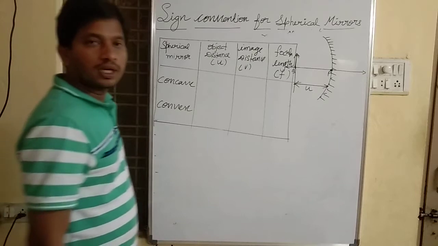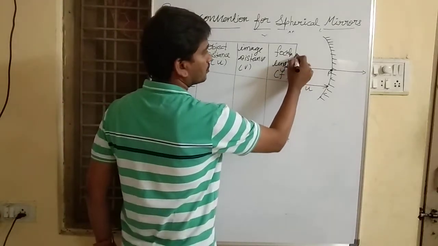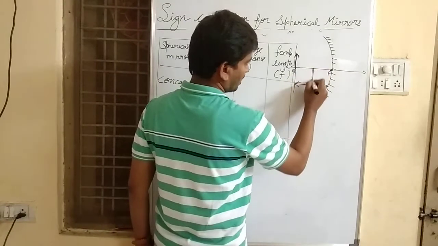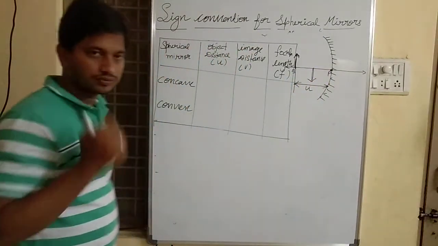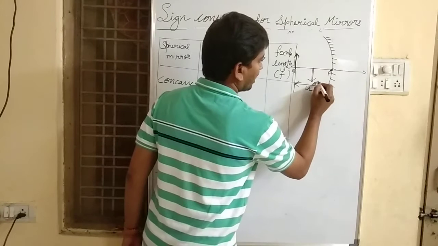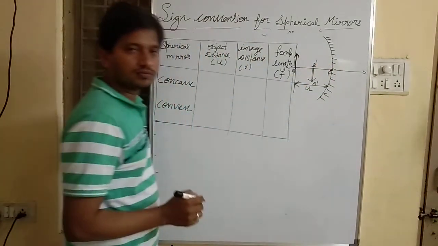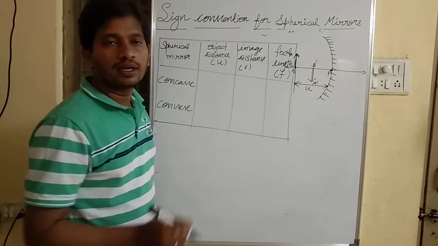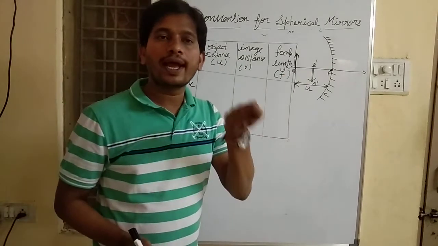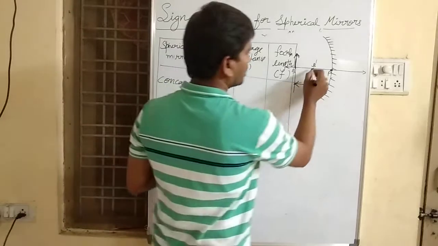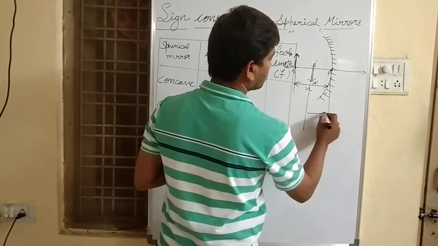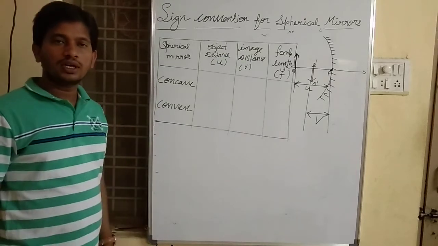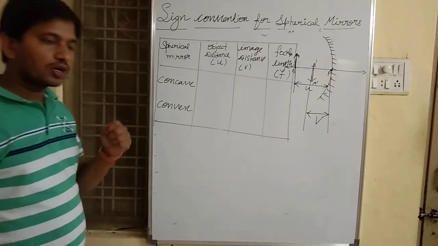If I place an object here, for example, and I get an image here, this is our image A dash B dash. Then the distance between pole and image is called our image distance. What do you mean by focal length?